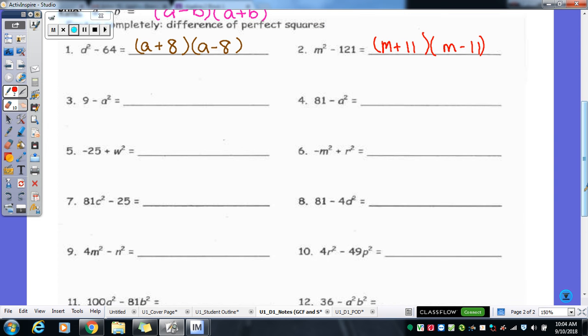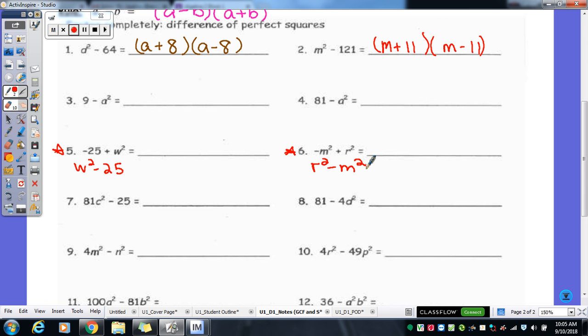Are those ones still dots? What if I follow my commutative property and I just change my order? Are they dots now? Yeah. Sometimes you just need to use the commutative property, change your order, and then you can see it.